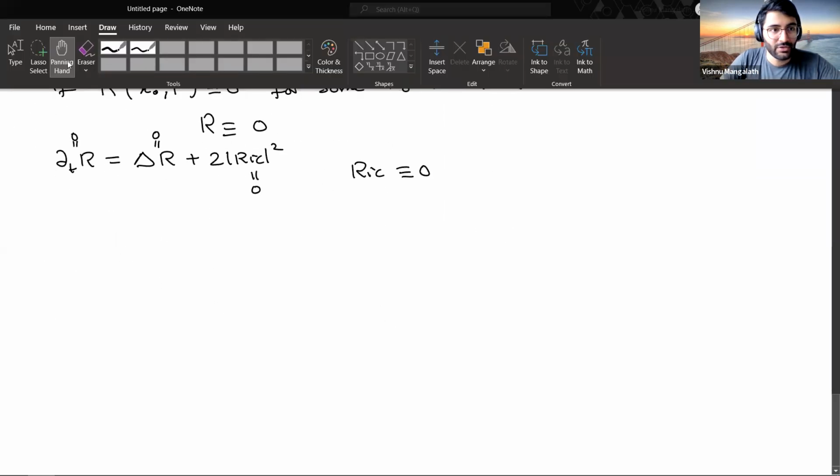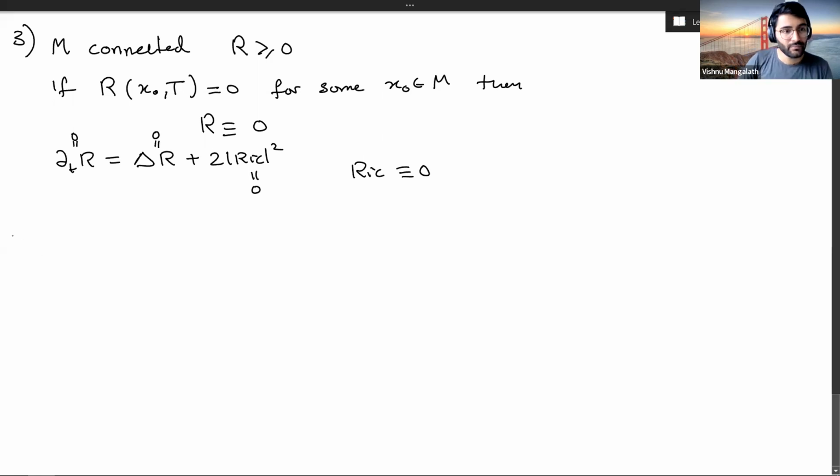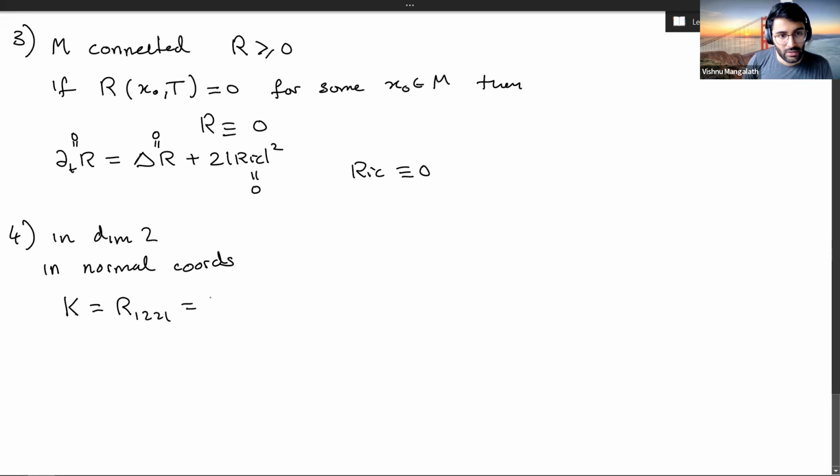Okay, so in dimension 2, the only non-zero components of the Riemann curvature tensor, in normal coordinates, are given by the Gauss curvature, which are R1221, R2112, which is minus R1212, equals minus R2121.